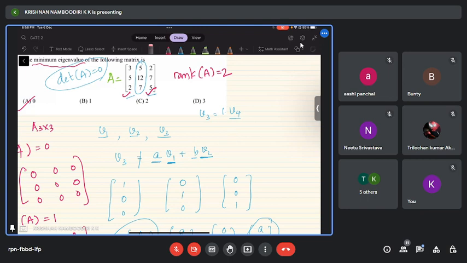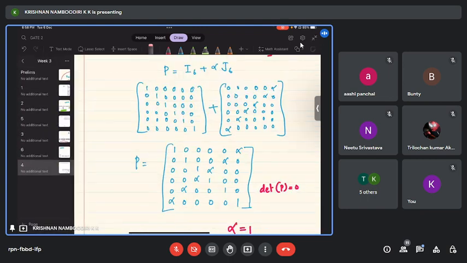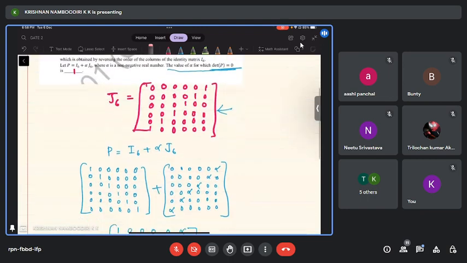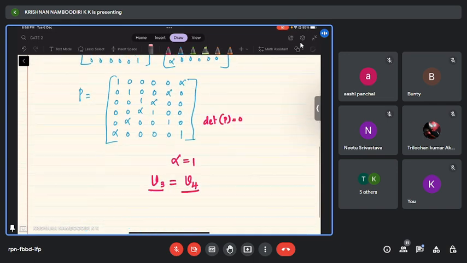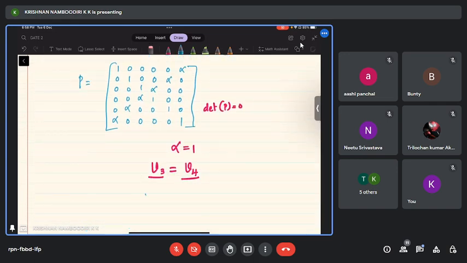In this case, you can write, when alpha equal to 1, V3 equal to 1 times V4 plus 0 times V1 plus 0 times V2 plus 0 times V5 plus 0 times V6. I can write like this, right? Since they are 0, I am not even considering them. Those things will not come into the picture.